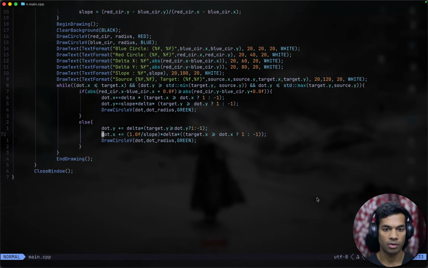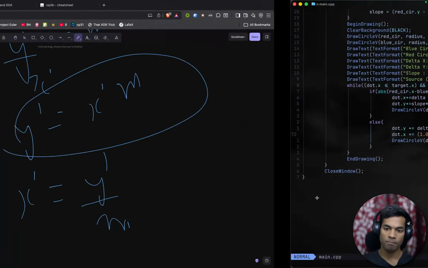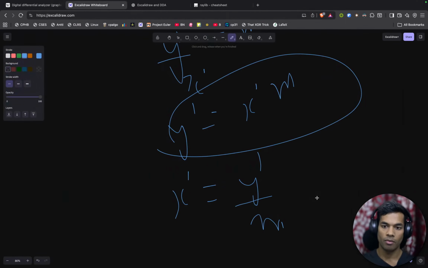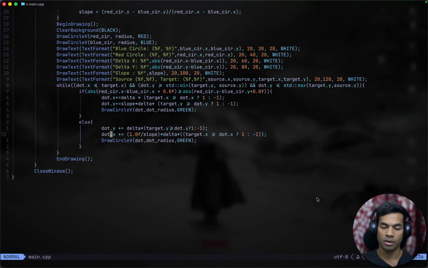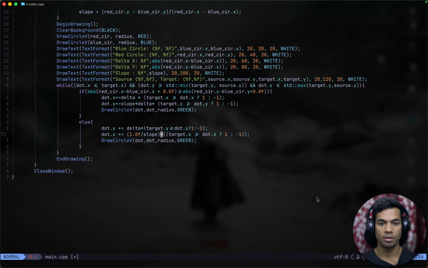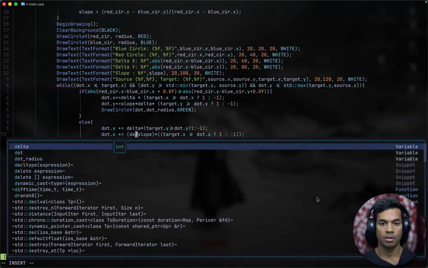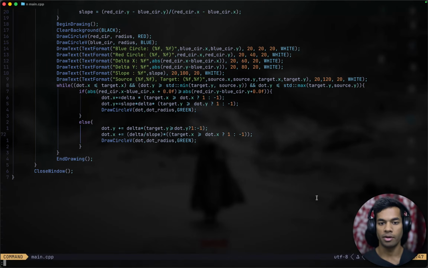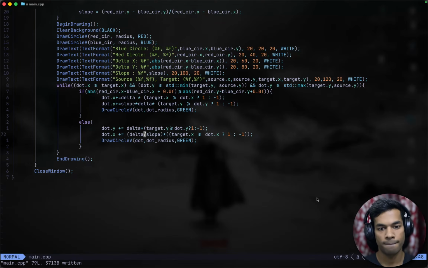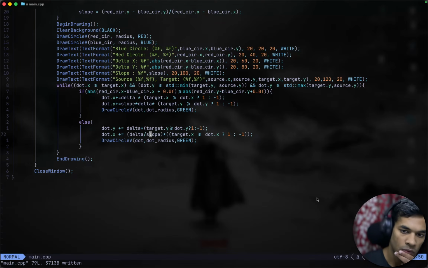Y dash divided by m, which is something that we are doing here. Delta divided by slope.